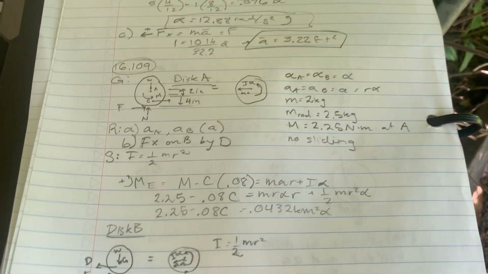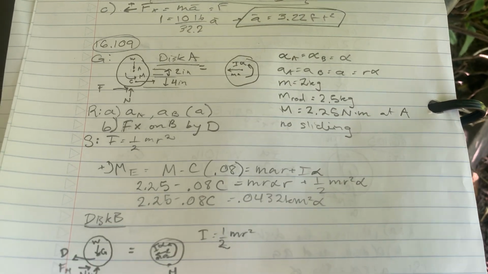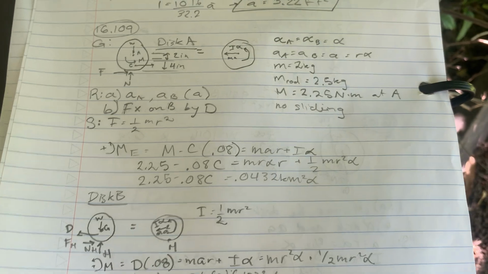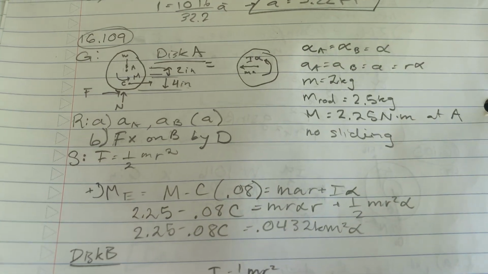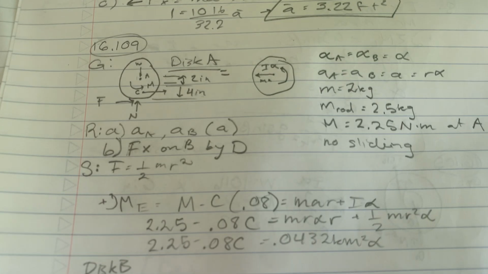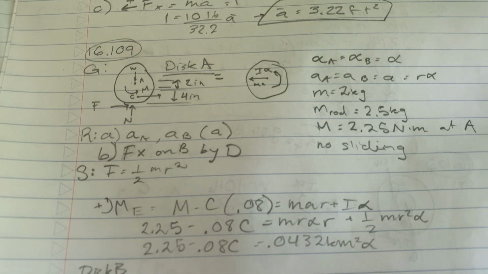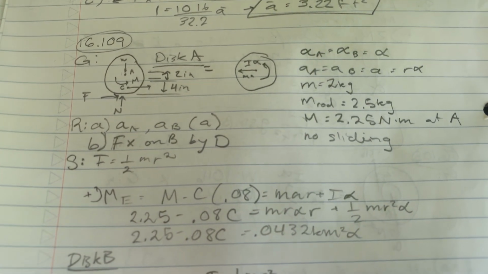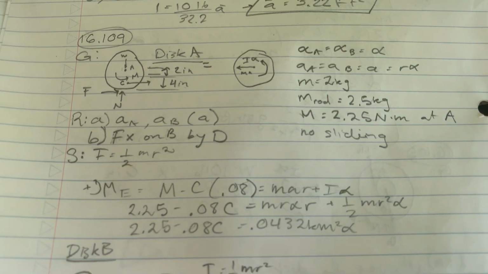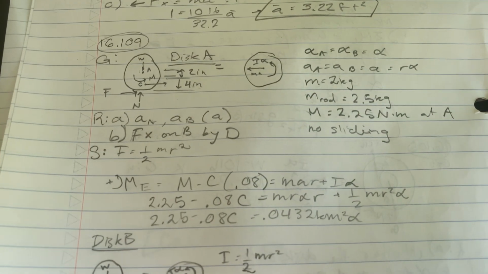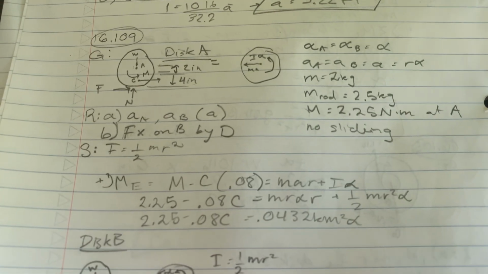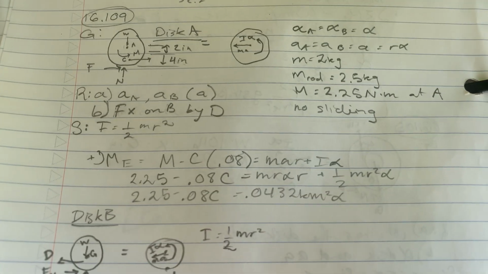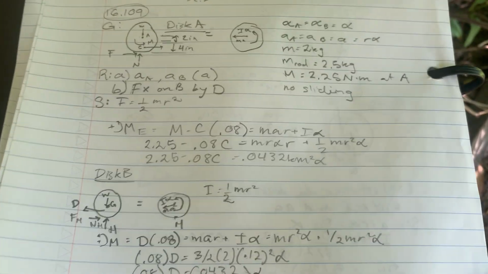The next problem, we separate into two different, or I guess technically three different parts. So we have two disks that are connected by a rod. For the first part, here's my free body diagram for the disk A. We want to find the acceleration at A and B, which are the same, and then F_x, so the horizontal force on B by D, with these knowns on the right, or givens.